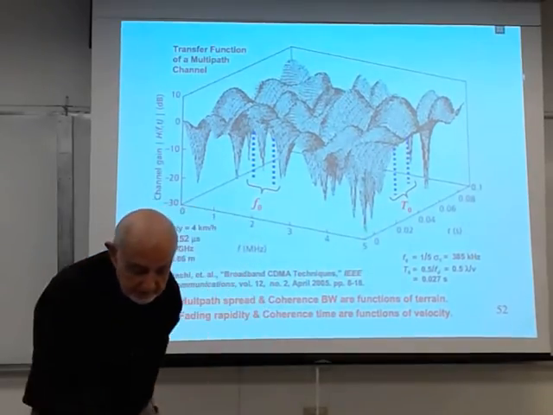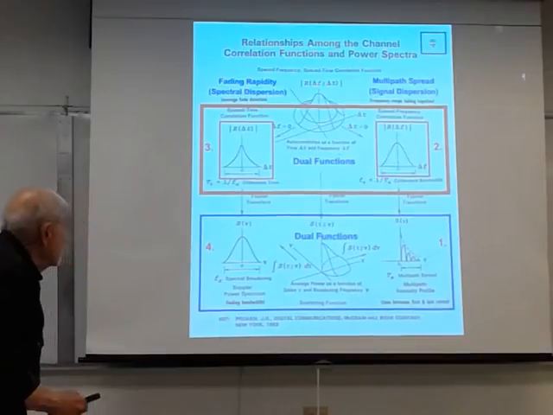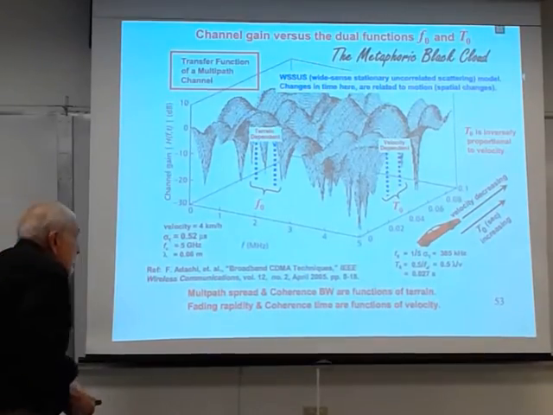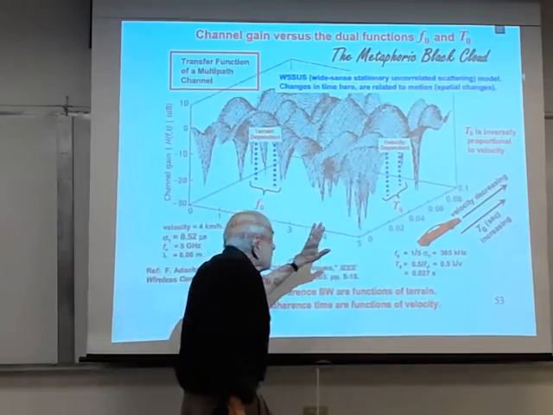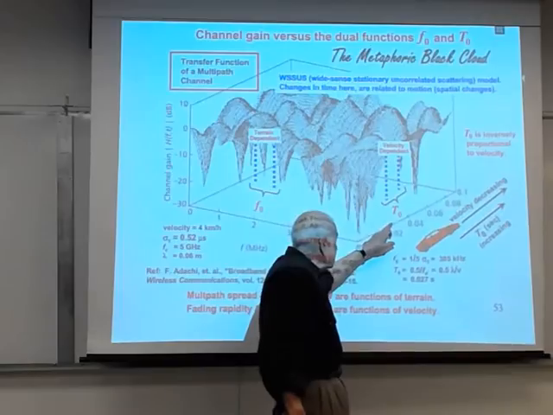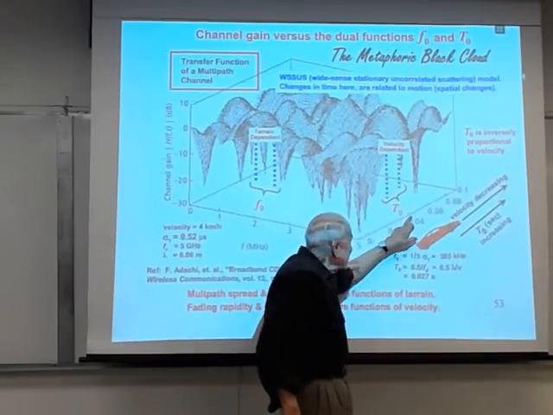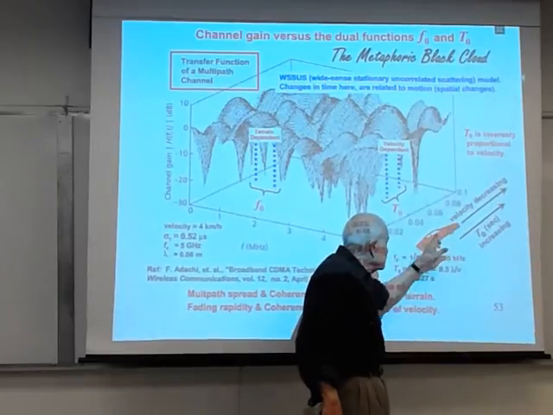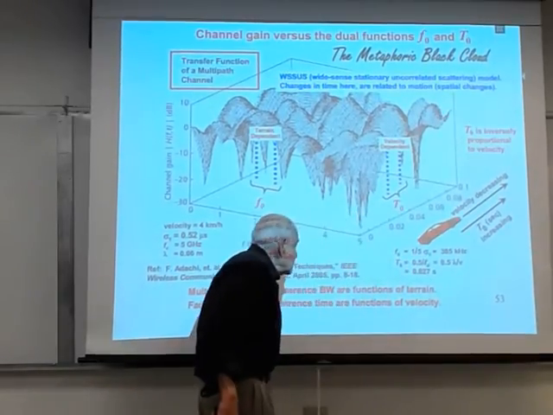And so I'm going to go through these pretty quickly. I've thrown in an automobile here. Notice that t sub 0 is inversely proportional to velocity, so that as these numbers are getting larger here, t sub 0 is decreasing as this automobile is moving.